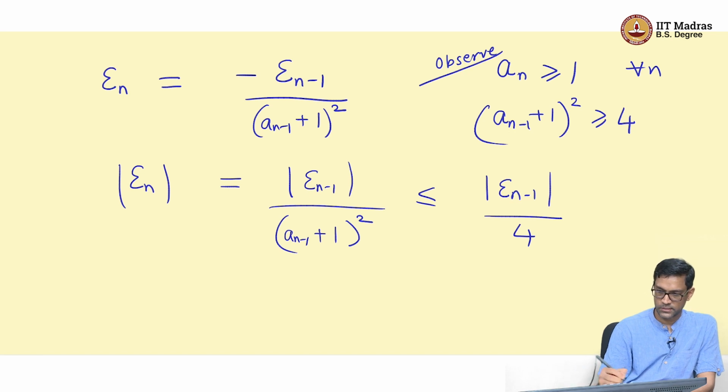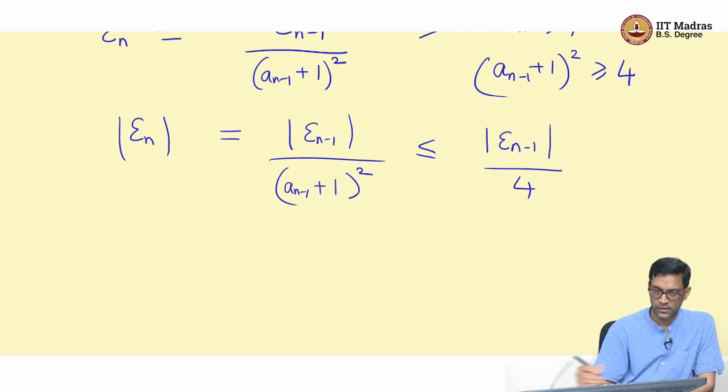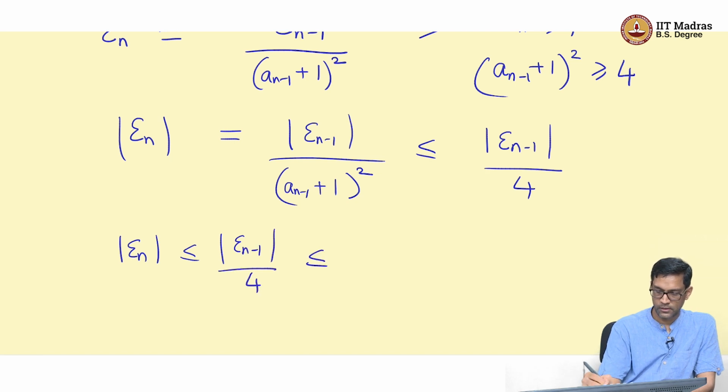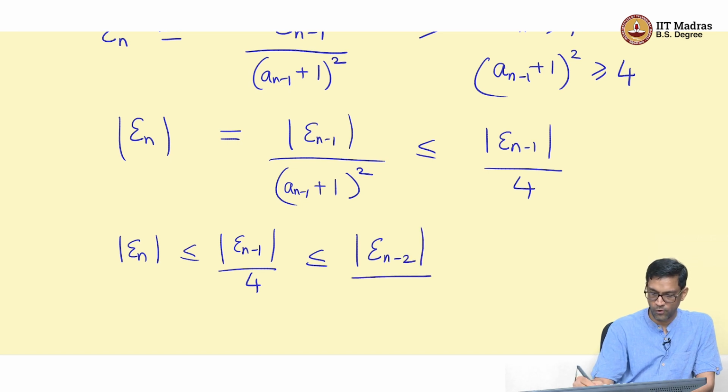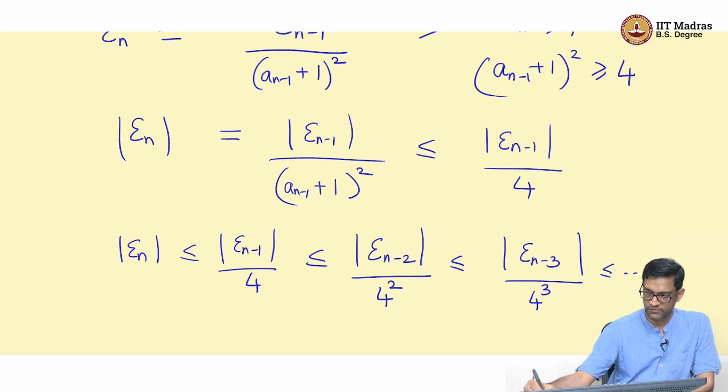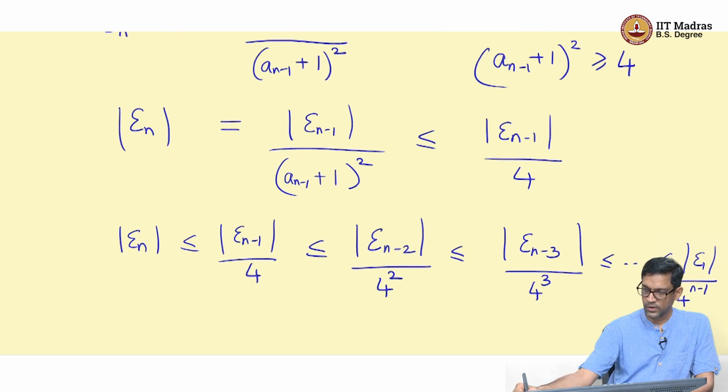Now I can keep going by just using this last inequality. Epsilon_n is less than or equal to epsilon_{n-1} by 4, epsilon_{n-1} is less than or equal to epsilon_{n-2} by 4. So this is 4 into 4, that's 16, and so on, epsilon_{n-3} by 4 cubed, etc. So if I keep doing this, I finally get less than or equal to epsilon_1 by 4 to the n minus 1. So what does this mean?